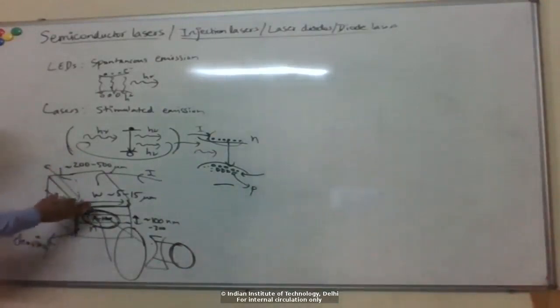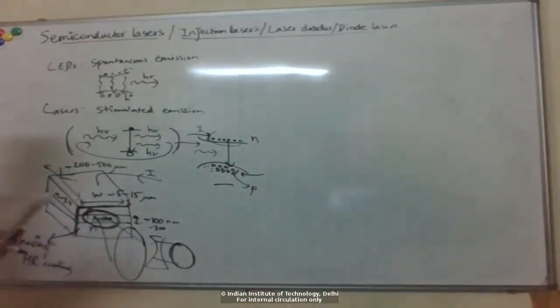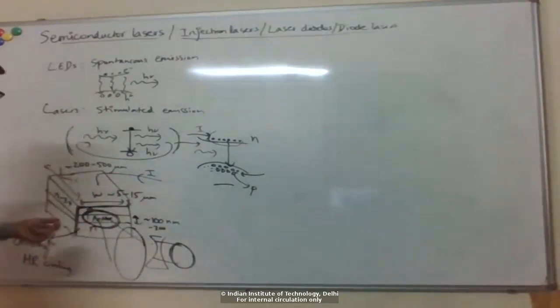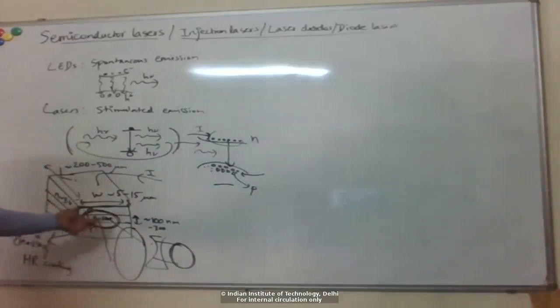But you can make the cavity even better by having some high reflection coating. You make some multi-layer coating here, such that you get a very high reflectivity, let's say 99% or something, at the wavelength of emission, or the wavelength that you want to make your laser.